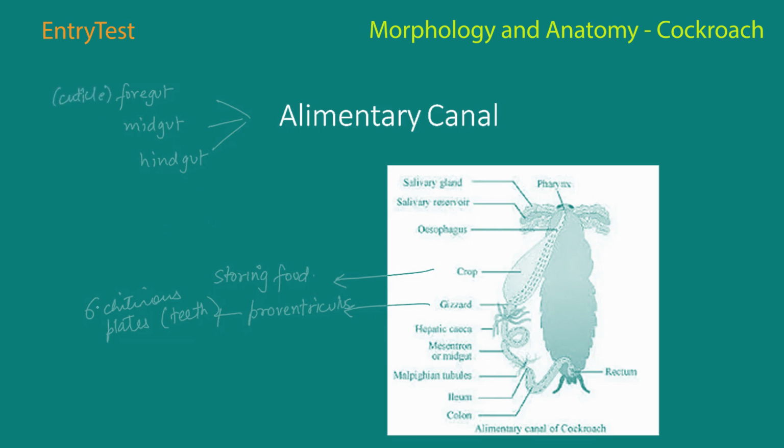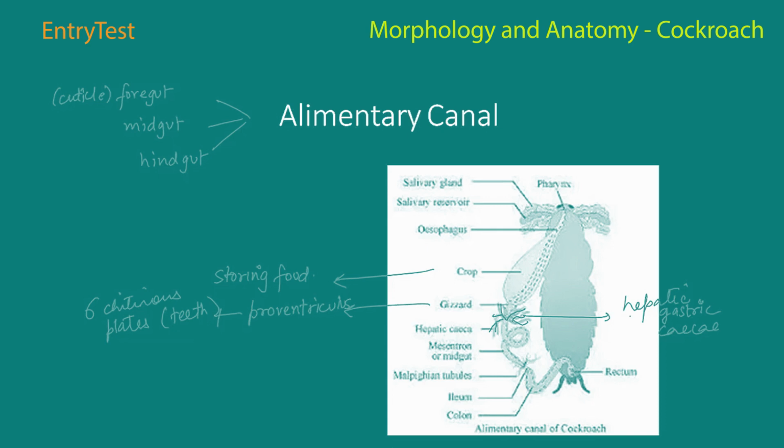And there is a ring of 6 to 8 blind tubules that are called hepatic or gastric cecae that you can see over here. These extensions that you can see are known as hepatic cecae, or sometimes also known as gastric cecae, and they're present at the junction of the foregut and the midgut.